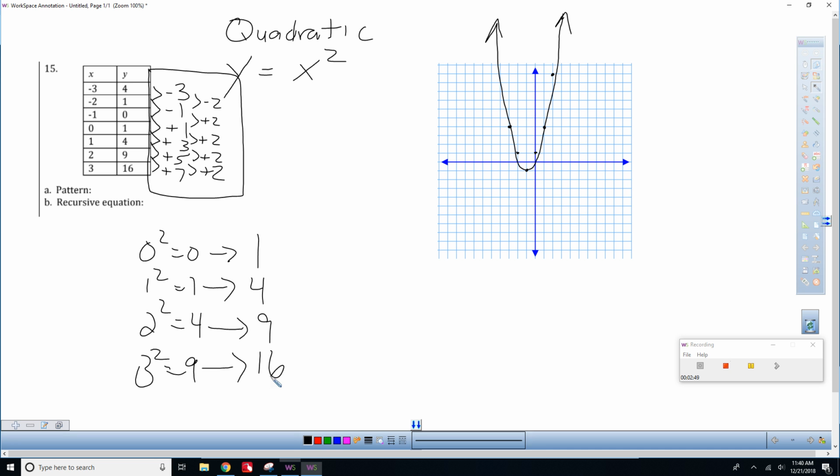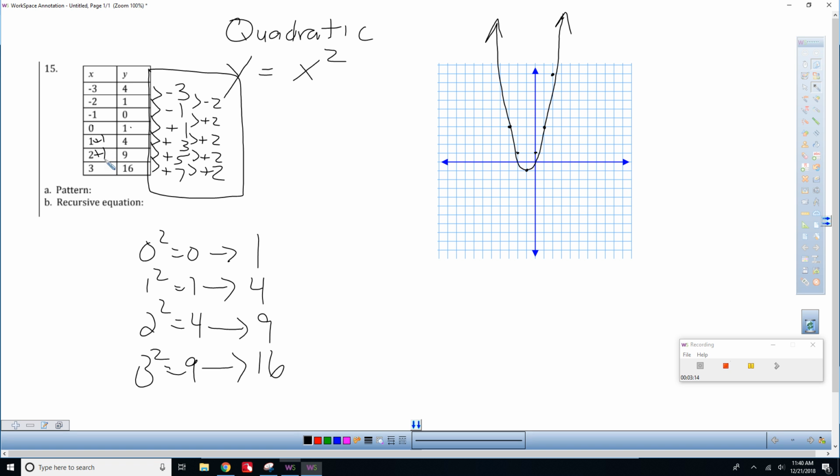I think what we have to do is add 1 to our x, and then square it. So let's try that. Look, put in a 0. Now add 1 to it. You get 1. What's 1 squared? 1. Add 1 to this. You get 2. What's 2 squared? 4. Add 1 to this. You get 3.